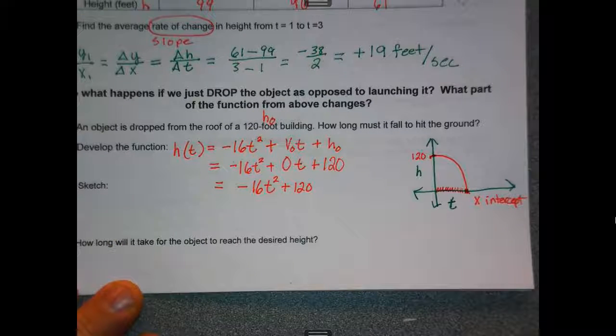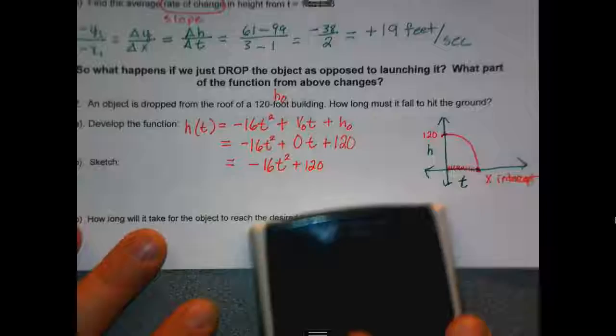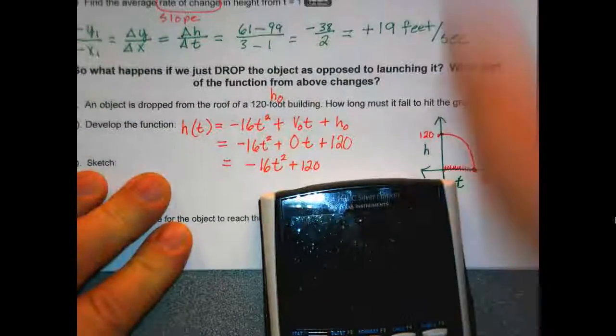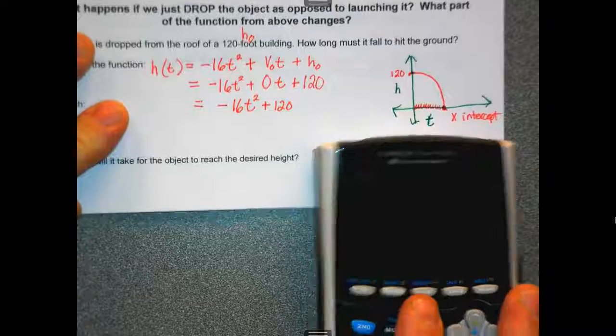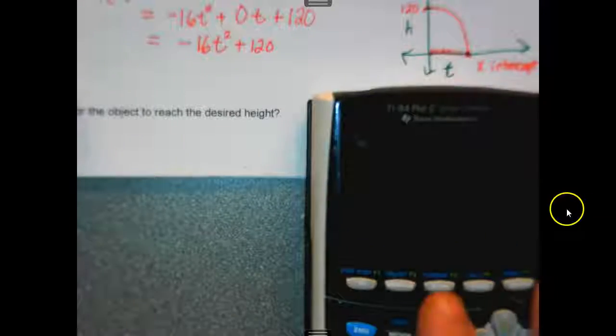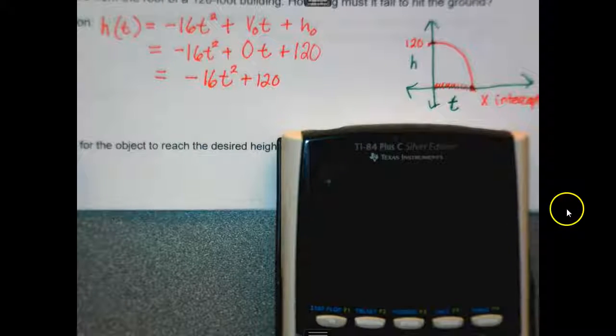I'm going to use my calculator. It's not as easy as I'm going to make it out to be. My last class, they didn't understand the thing I was saying.